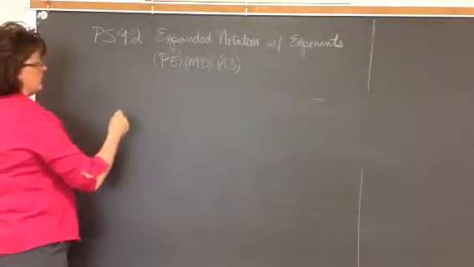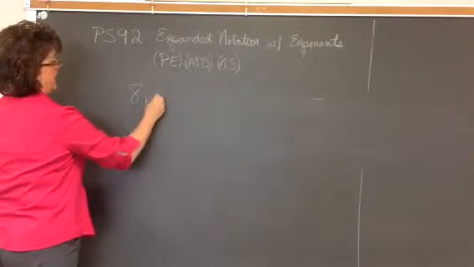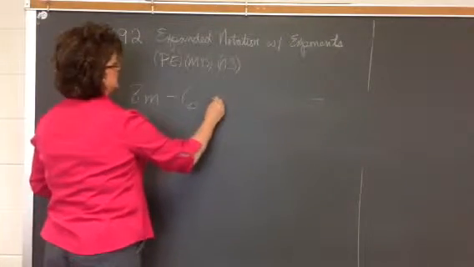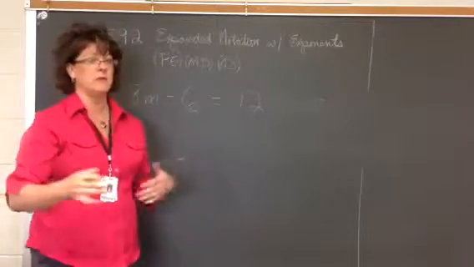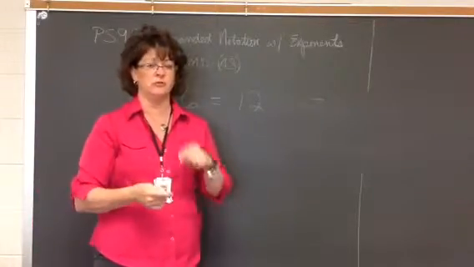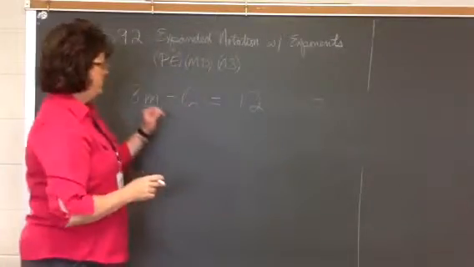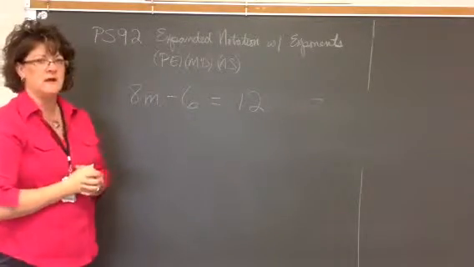Let's say I gave you the problem 8m minus 6 is equal to 12. Now, I just made this up, so I might leave it in fraction or decimal, I'm not sure. Your job is to isolate the variable. The variable is the m, but you have to do it one piece at a time.